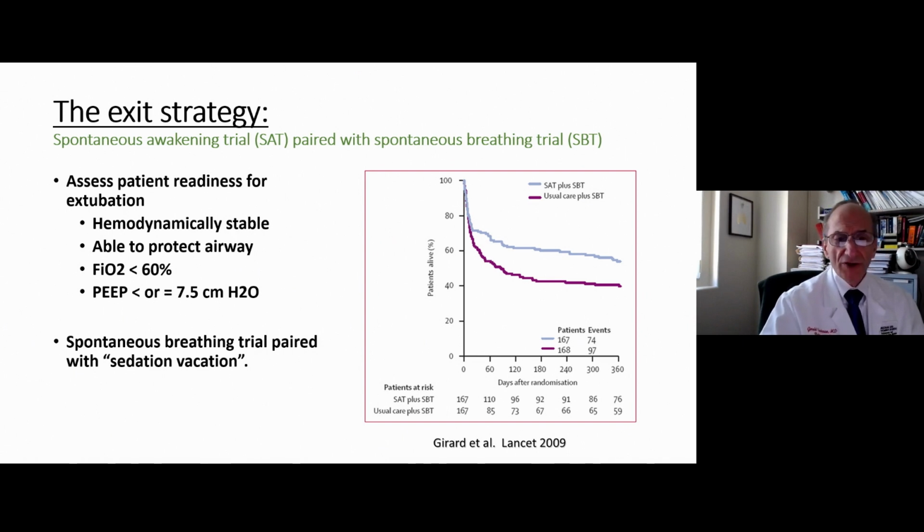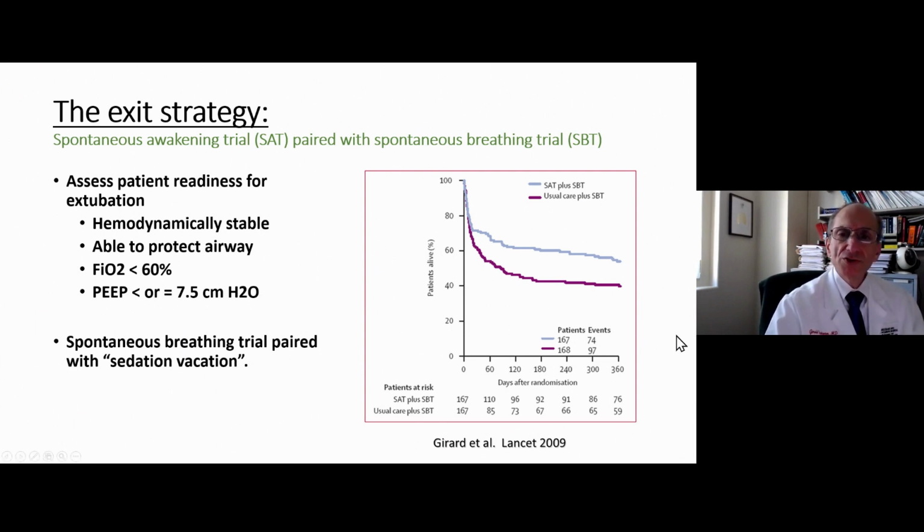The standard of care now is to pair a spontaneous breathing trial with a spontaneous awakening trial. A spontaneous breathing trial is where we basically reduce the amount of ventilatory support to a minimum level. Sometimes it's pressure support with just 5 centimeters of water support and 5 of PEEP.